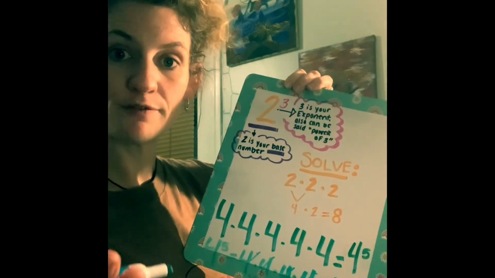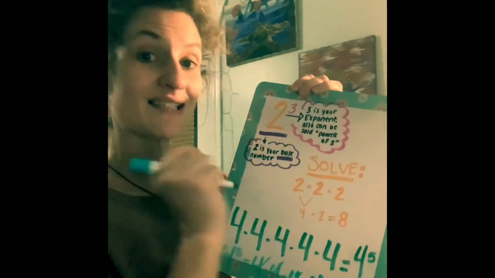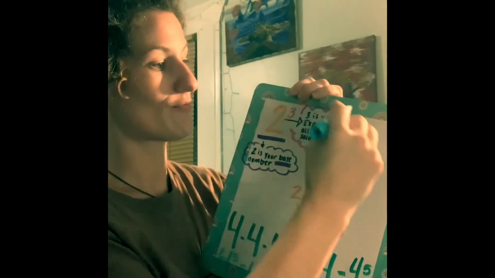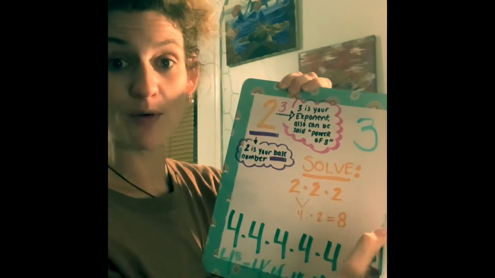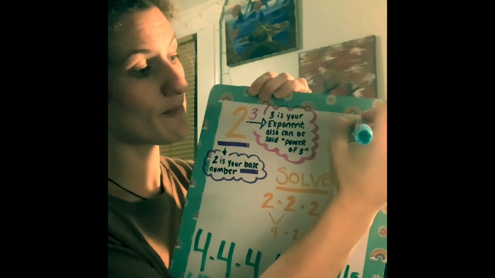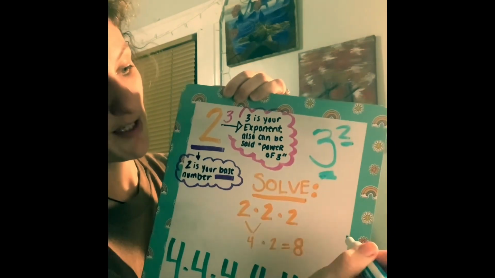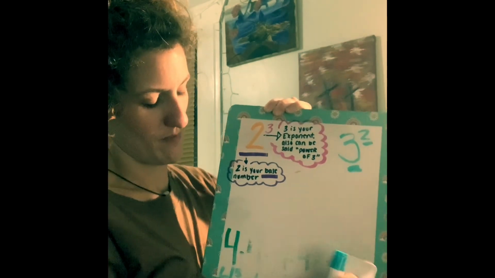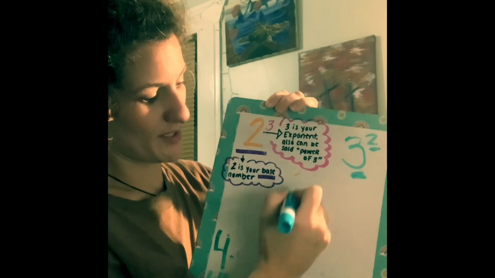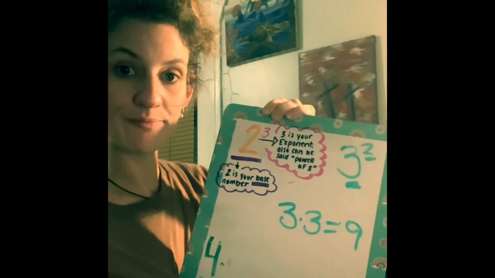So, to review, what is an exponent? An exponent is a tiny little number, which will always be in the top right corner. So let's say we've got 3 to the power of 2, or squared. 3 is our base, 2 is our exponent, and when we solve it, it ends up being 3 times 3, which equals 9.